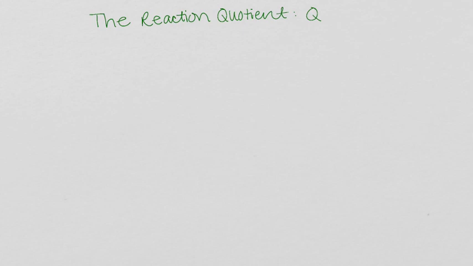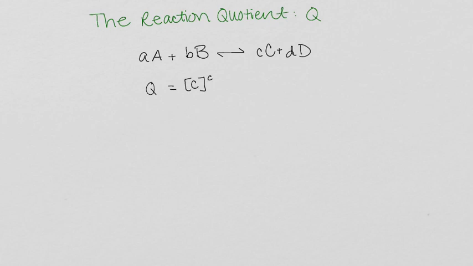So what this means is that you have some generic reaction, and we'll just use generic reactants and products, A and B as our reactants and C and D as our products. The reaction quotient, we still write very similarly to the equilibrium expression, but we can fill it out for any sort of conditions.